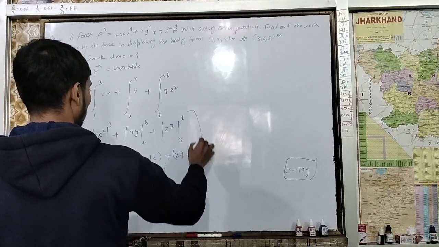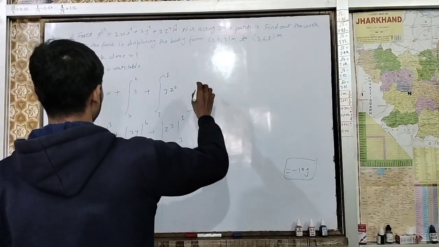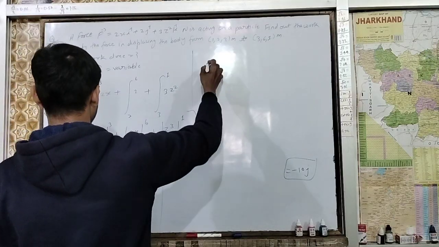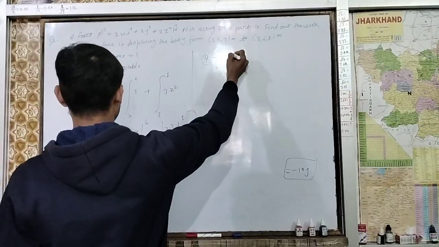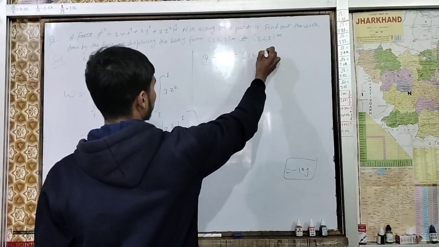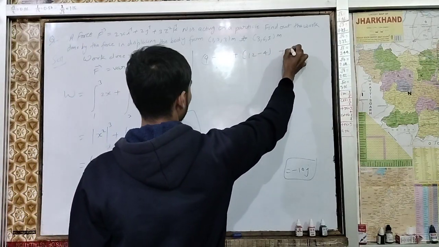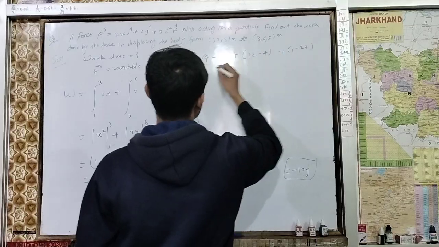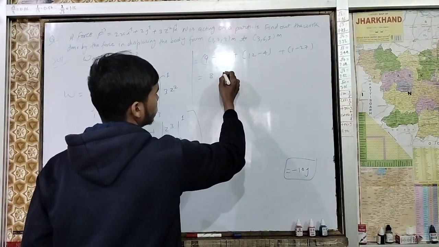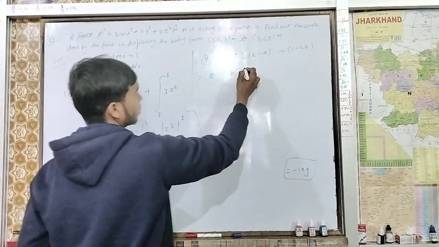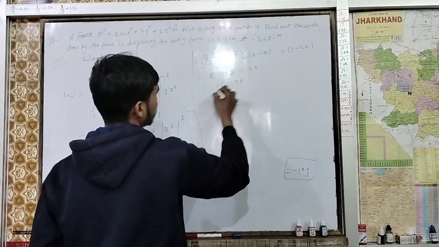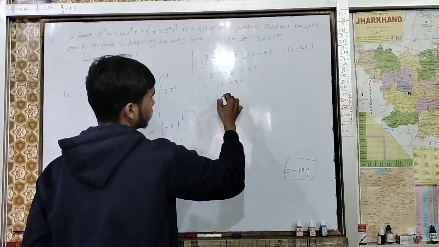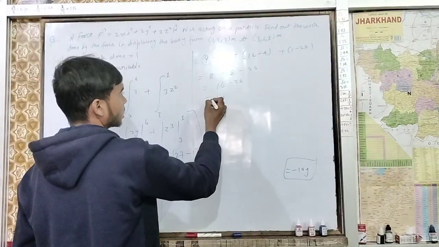What if we take it like this: 9 minus 1 plus 12 minus 4 plus 1 minus 27, then 8 minus 26, 16 minus 26, this will become minus 10.